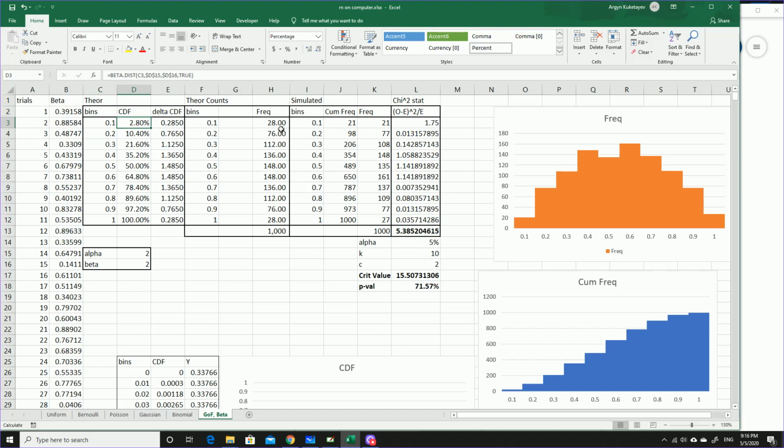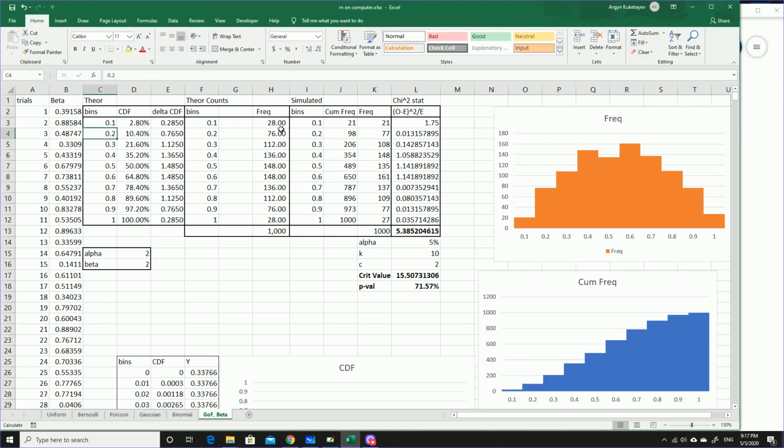And then in row 4, I'm calculating the CDF at the right edge of the second bin, which is from 0.1 to 0.2. Now you see for the second bin, I have a CDF at its left edge, which is the right edge of 0.1, right? Because your second bin spans from 0.1 to 0.2.